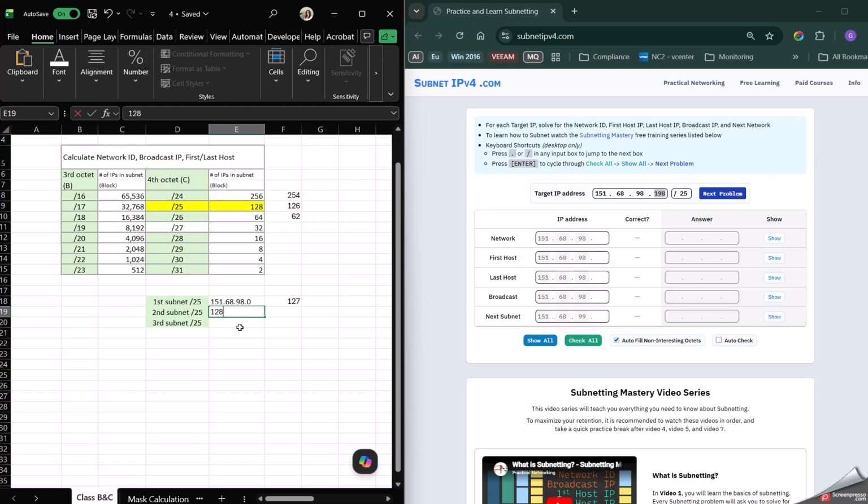And the next one, 128 plus another 128 gives me 256. So the third subnet is going to start with 151.68.98.256. Now, so this is the first IP, last IP.